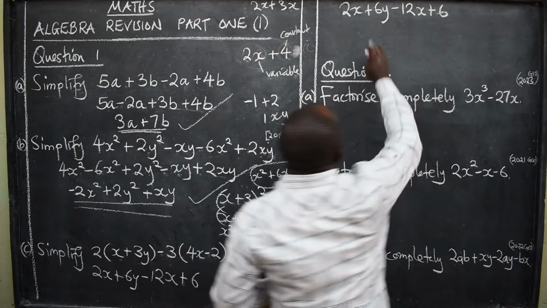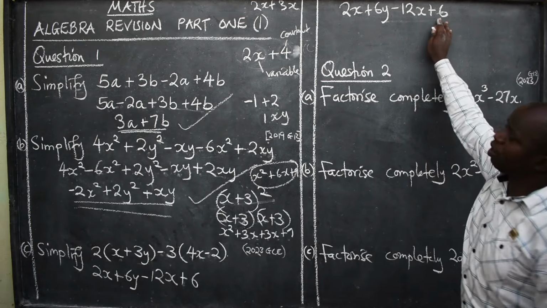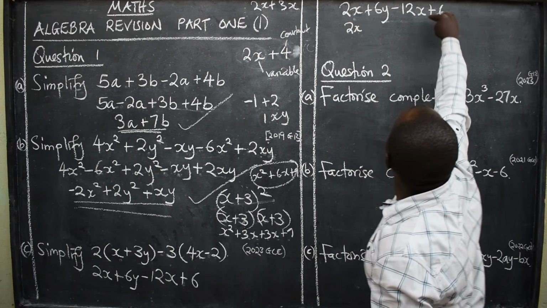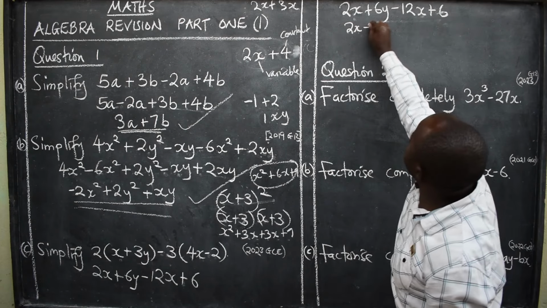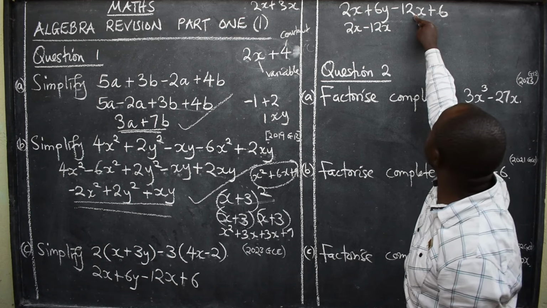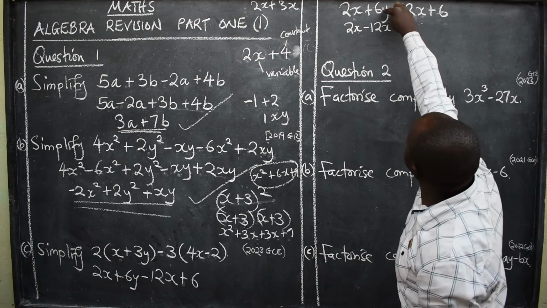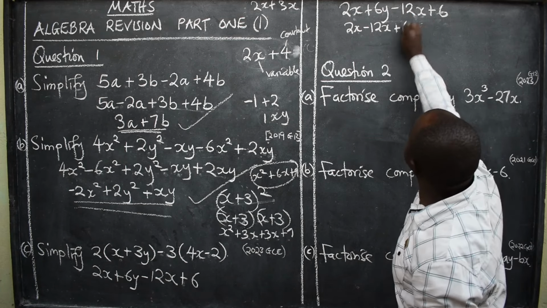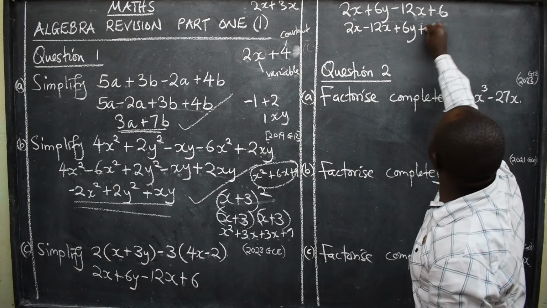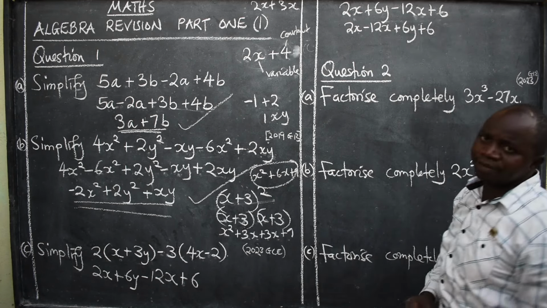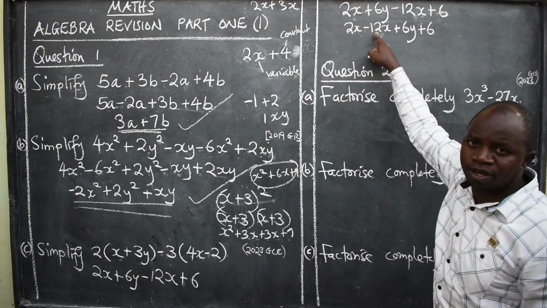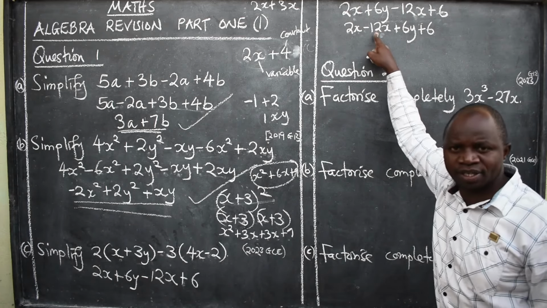What next? Here, we are going to look for like terms. We have 2x here. Another one is here, minus 12x. What next? We have this one here, plus 6y. Do we have another pair? We don't have. Then plus 6, like that. Then these like terms: this is 2 minus 12. Please don't write 10.